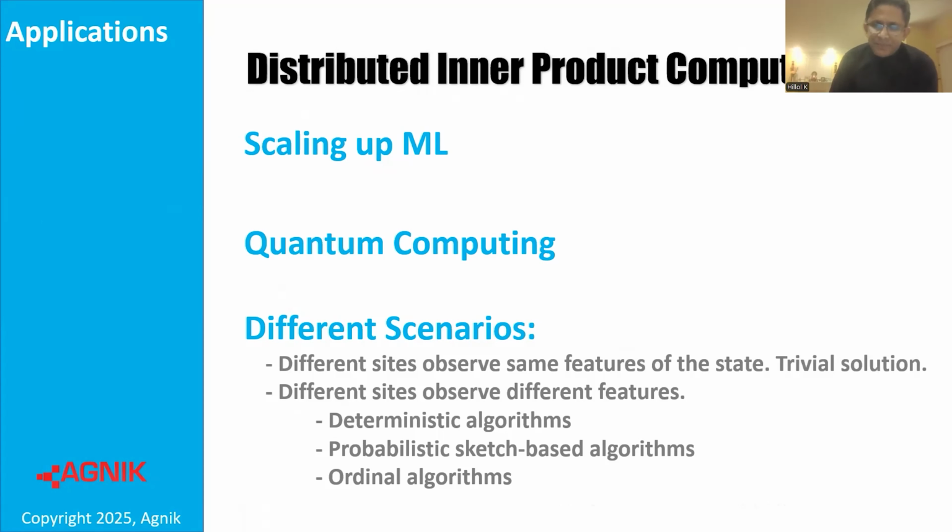Let's say you have n observations in an n-dimensional feature vector space, and the first k observations are made at site 1, and the rest are observed at site 2. In that case, you can just compute the partial sum at site 1 and the partial sum at site 2, send the scalars, add them up, and you get the inner product.